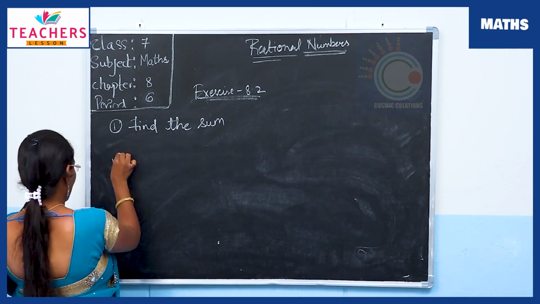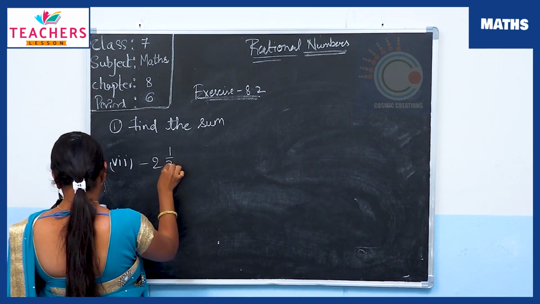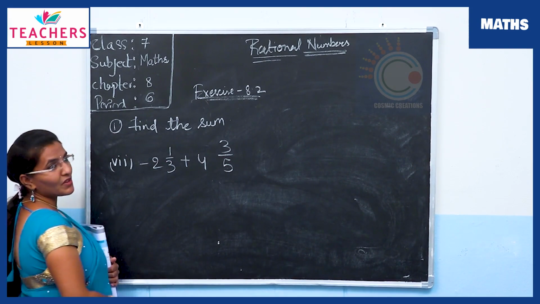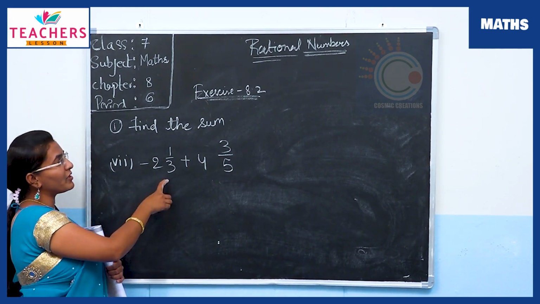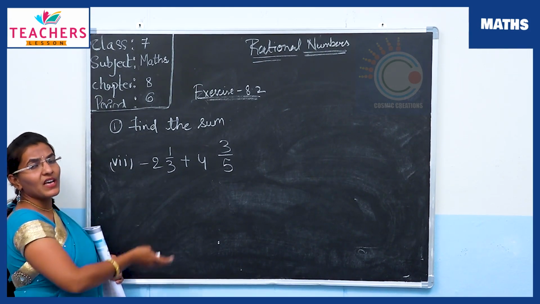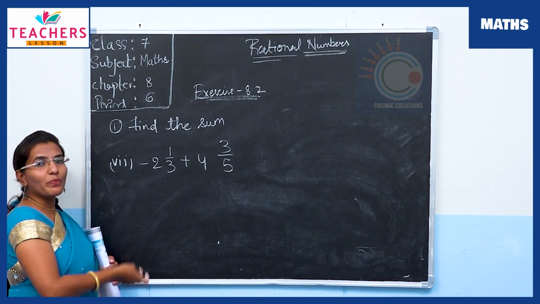Let's see the next. Minus 2 1 by 3 plus 4 3 by 5. This is the seventh problem, seventh bit. Students, we have to find the sum for the given minus 2 1 by 3 and 4 3 by 5. If you see the given rational numbers, are they proper fractions?